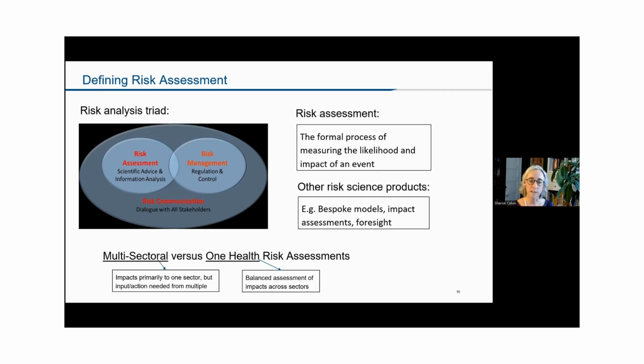And so it's still important to have a multi-sectoral approach. And so we would basically consider both of these to be useful in different circumstances. They both are essentially taking a One Health approach, though only one we would call a full One Health risk assessment.